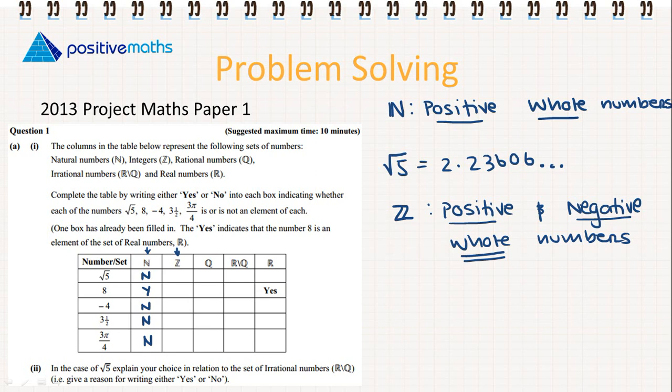So again, our square root of 5 is not an integer. 8 is. Minus 4 is an integer. It's a negative whole number. 3.5 is not because it's not a whole number. And 3 pi over 4 is not because it's not a whole number.